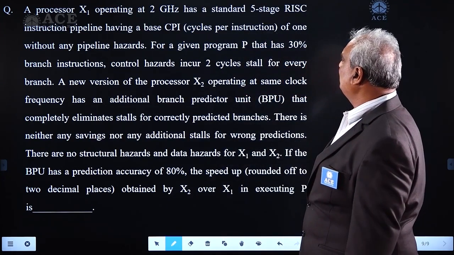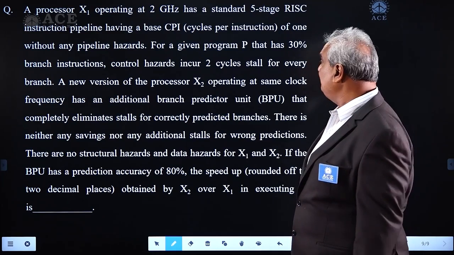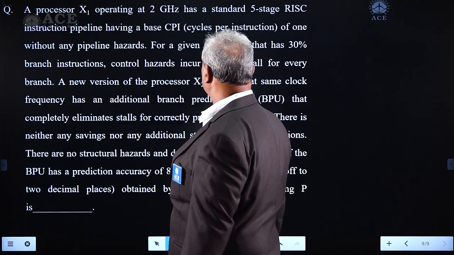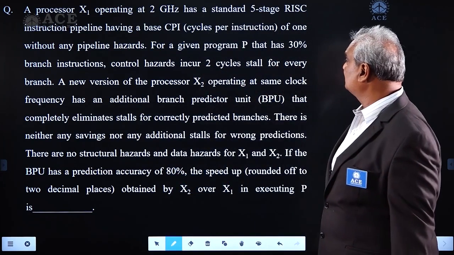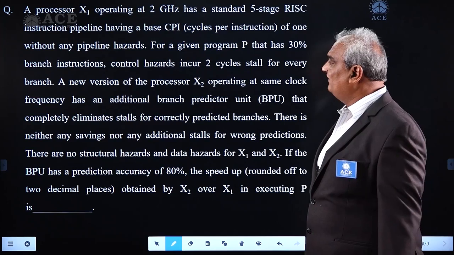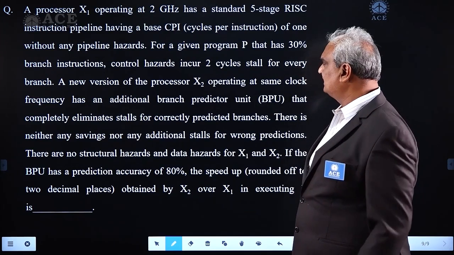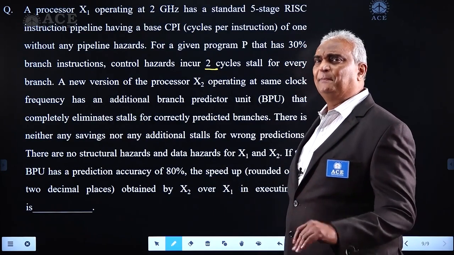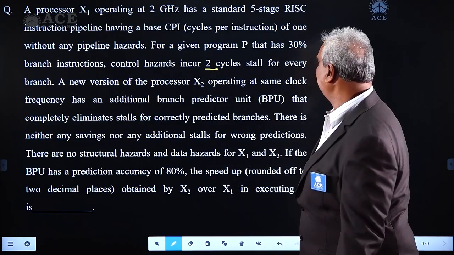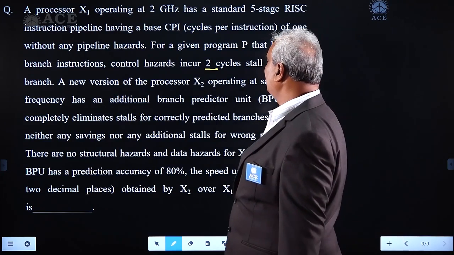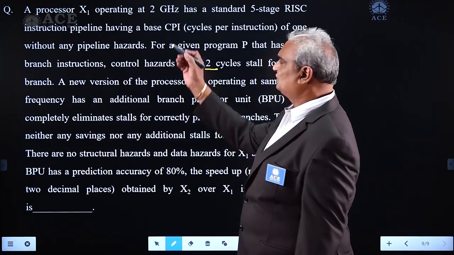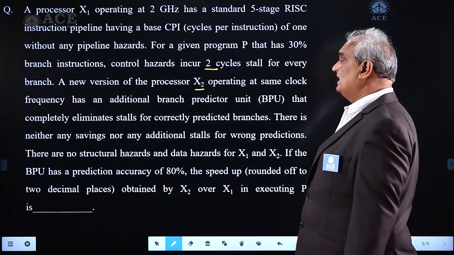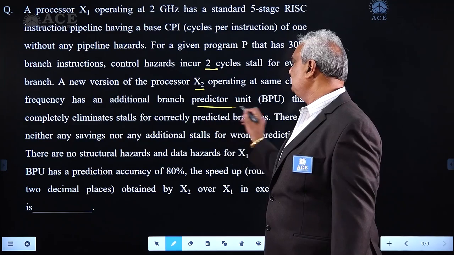Next, for a given program P, program name is P, that has 30% branch instructions, control hazards incur 2 cycle stalls for every branch. For each branch instruction, 2 clock cycles are required. Nothing but penalty, branch penalty. A new version of the processor X2, first one is X1, second one is X2, operating at the same clock frequency, has an additional branch predictor circuit.